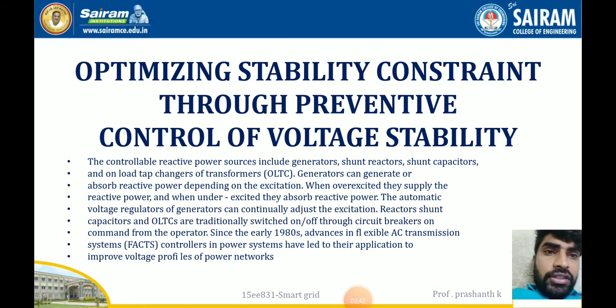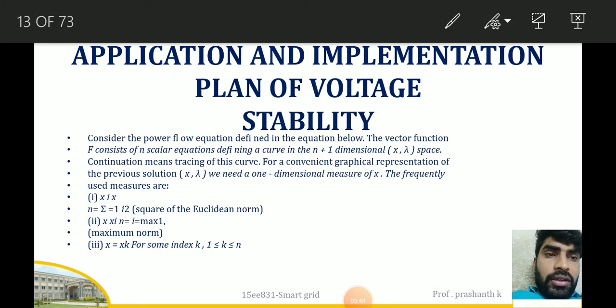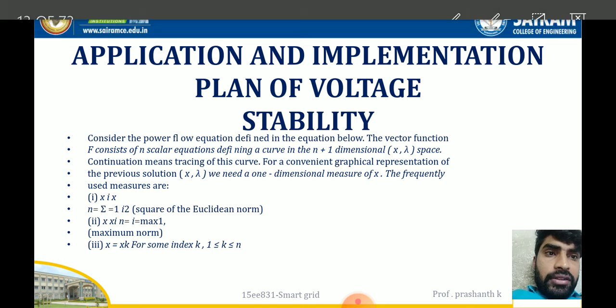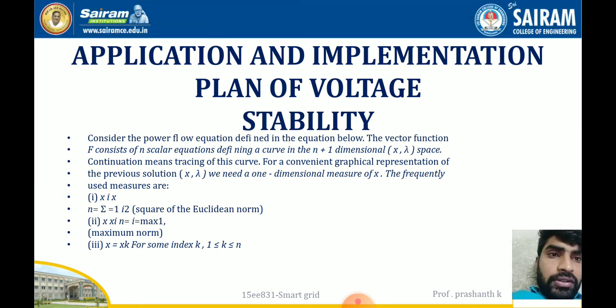Next, application and implementation of plans of voltage stability. See here, consider the power flow equation. Define the equation below. The vector function f is constant and n is a scalar equation defining a curve in the n plus 1 dimensional x lambda space. Continuation means tracing of this curve, right? For convenient graphical representation of the previous solution, already we have given this diagram and the solutions also.